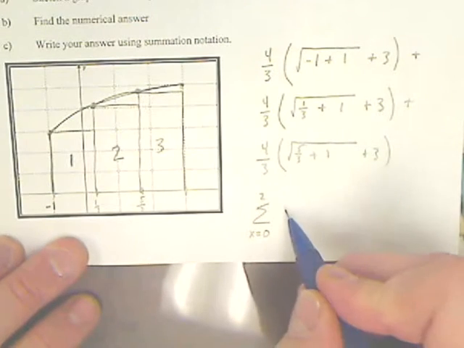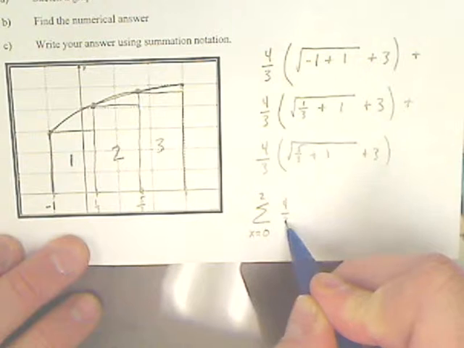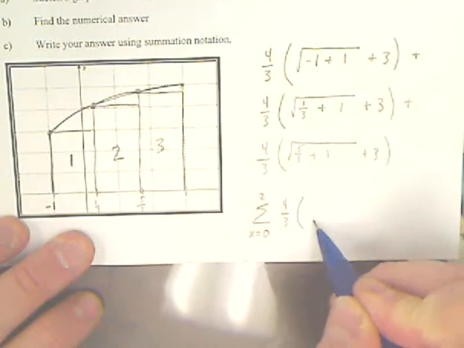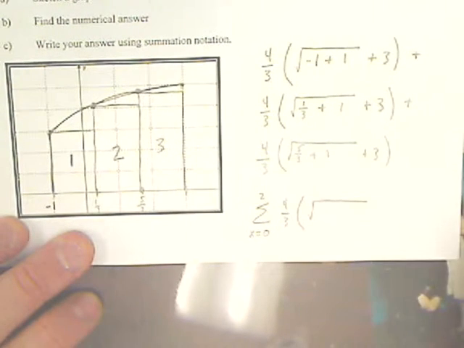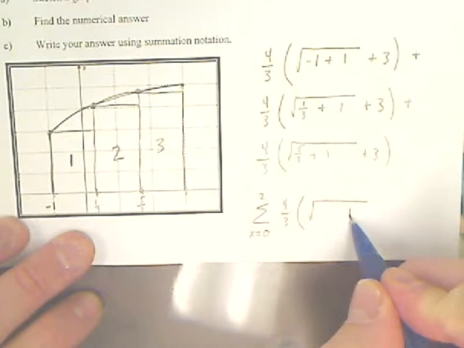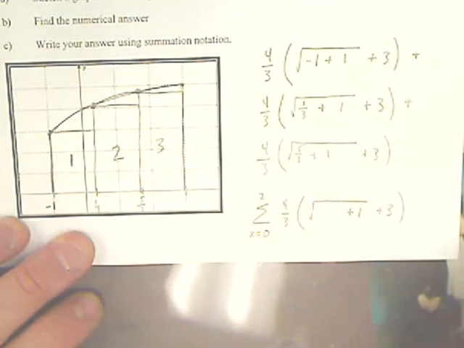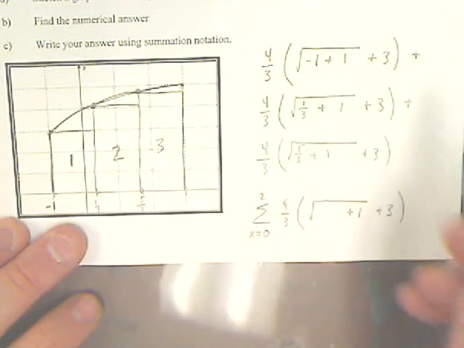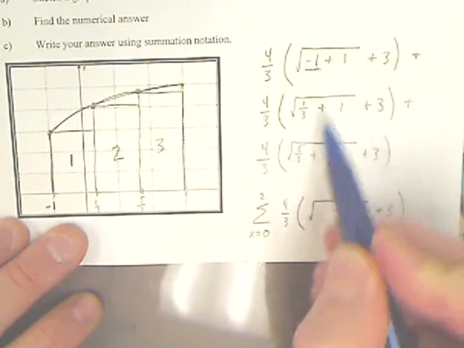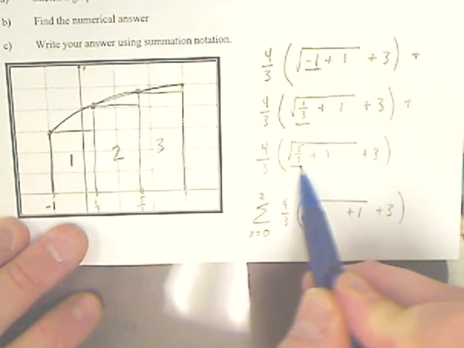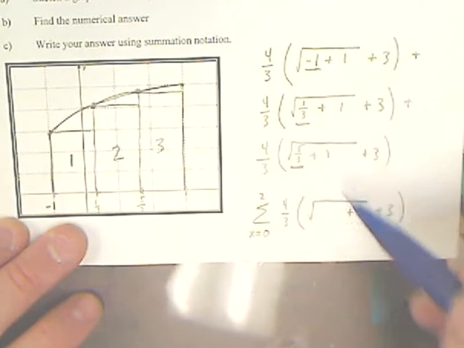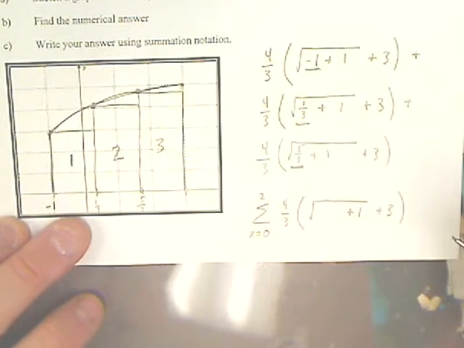Anything in here that got repeated, write it. So 4/3, the square root radical symbol, the +1 at the end, and the +3 outside the radical symbol. That was all the stuff that was repeated. The changing number, which is this guy here that I'm underlining, gets replaced in our sigma notation in the form of mx plus b.